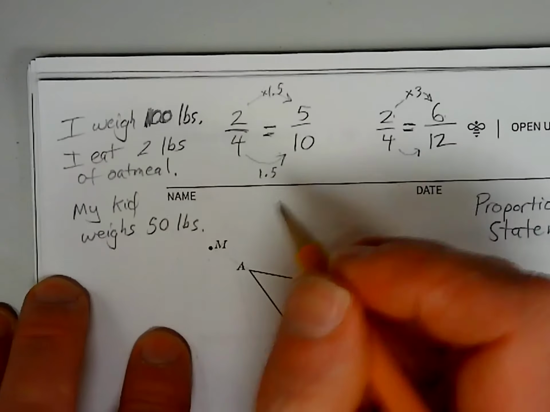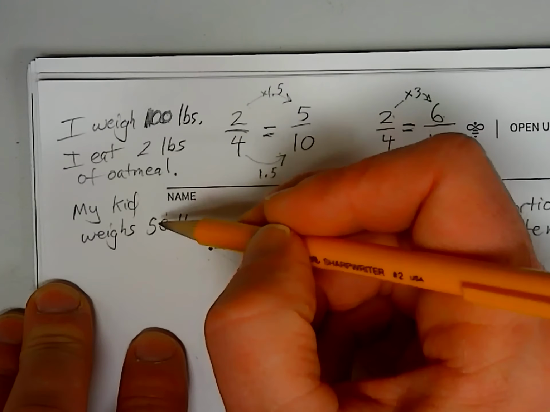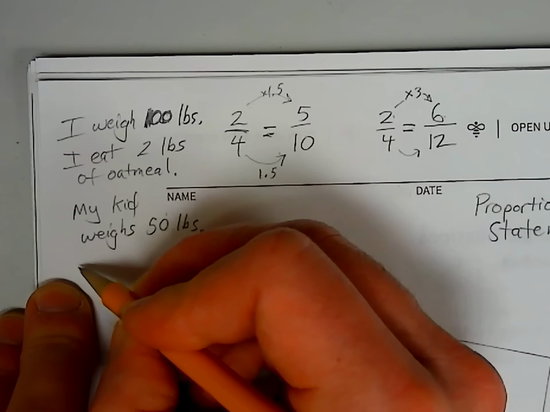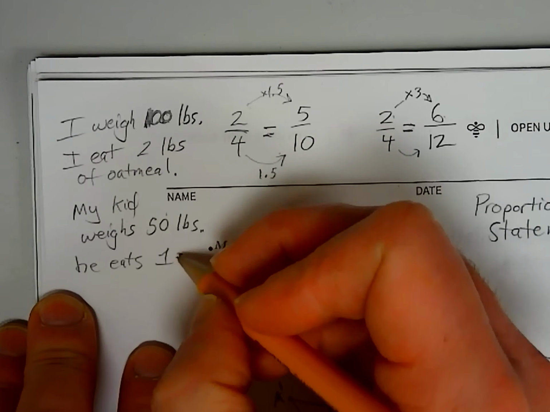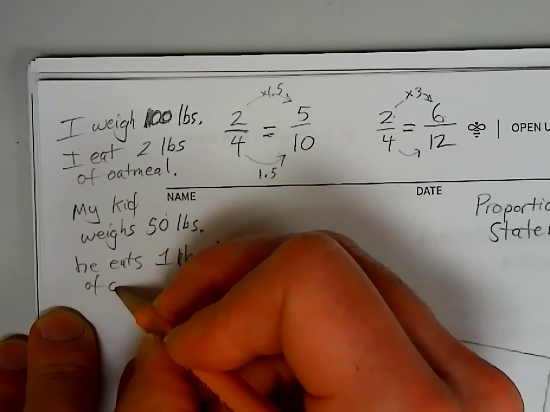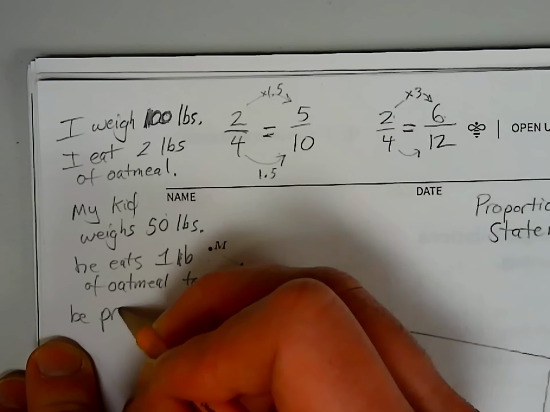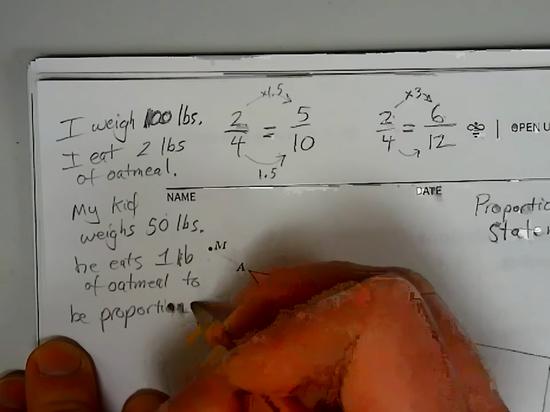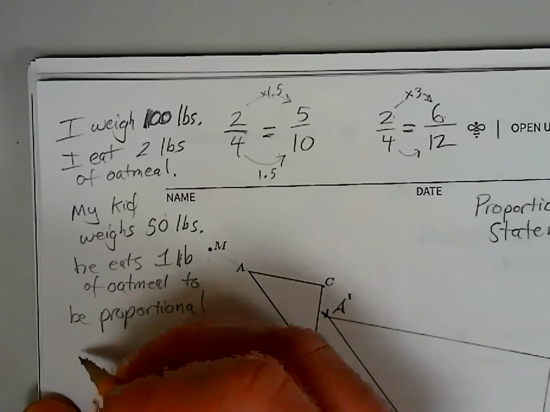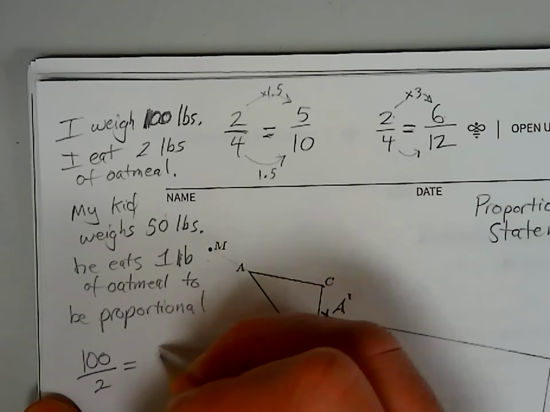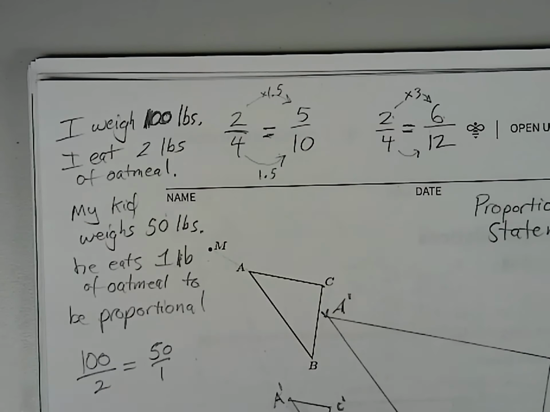And if they ate the same proportional amount of oatmeal, well, 50 is half of 100, so half of 2 is 1. He eats 1 pound of oatmeal to be proportional. And now we can write the proportionality statement. 100 over 2 is the same as 50 over 1. True facts.